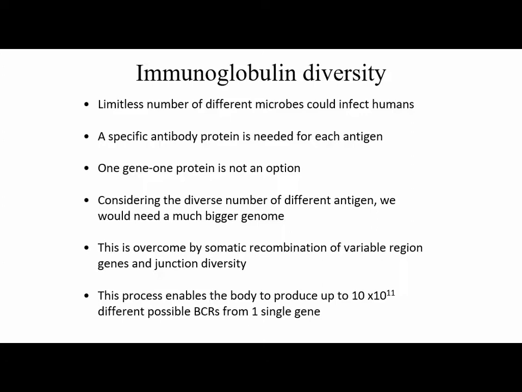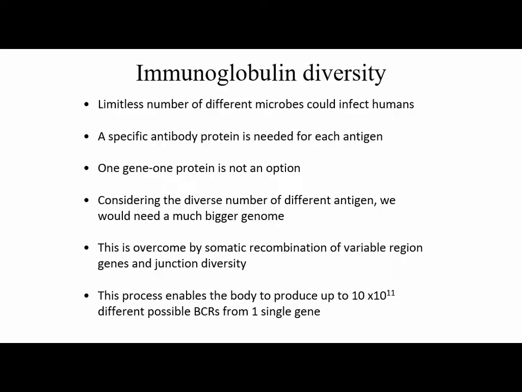You just wouldn't be able to fit it in a cell. So the way the body has evolved to deal with this is it uses one gene, but it edits that gene in every B or T cell in your body.